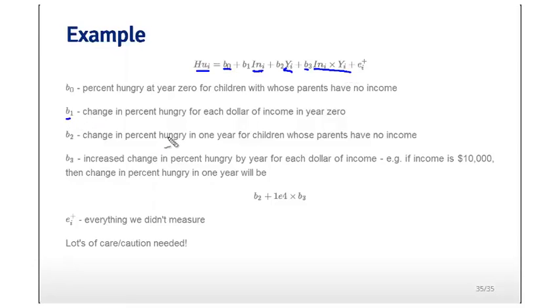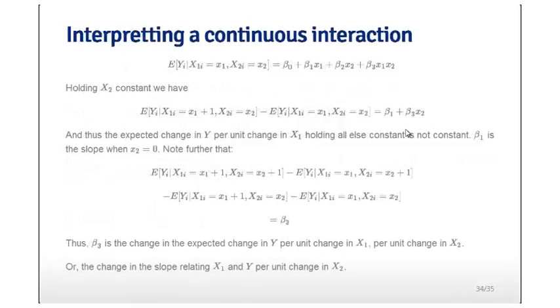Beta 1 is the change in percent hungry for each dollar of income in year 0. Beta 2 is the change in percent hungry in 1 year for children whose parents have no income. Again, hearkening back to my notation here, these are interpreted this way only when x2 is 0 do those make sense.